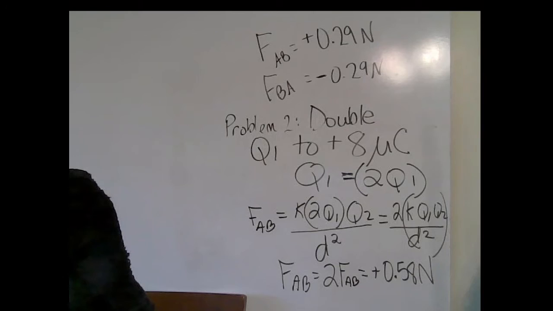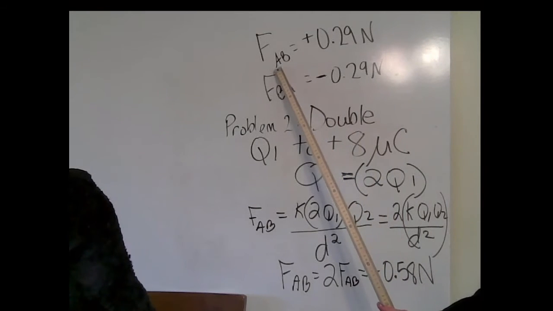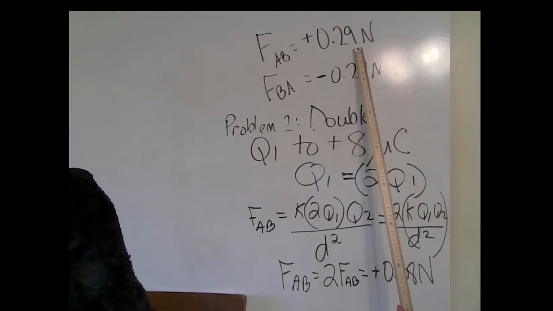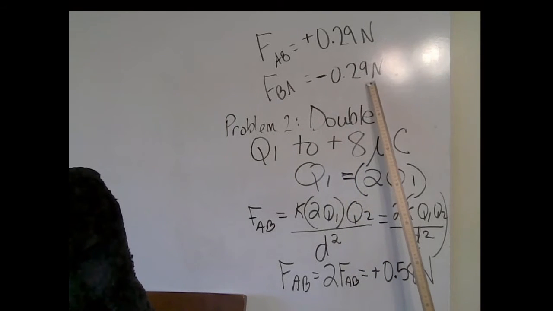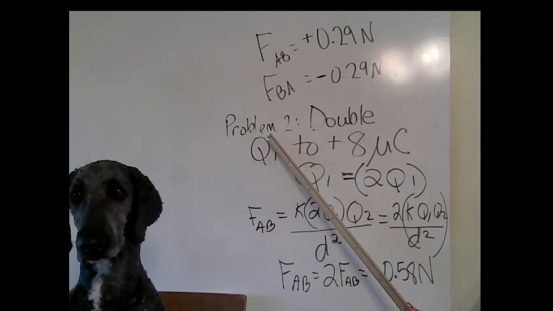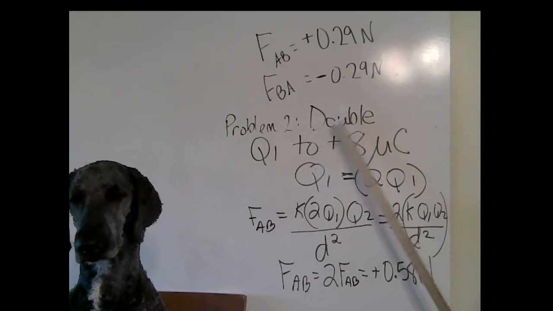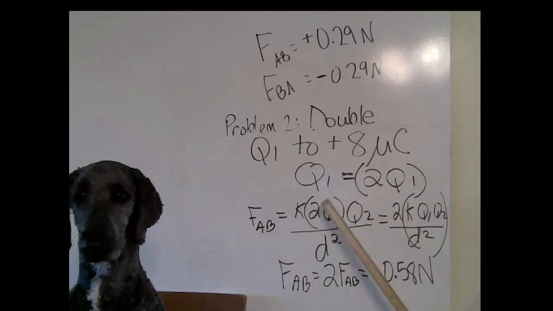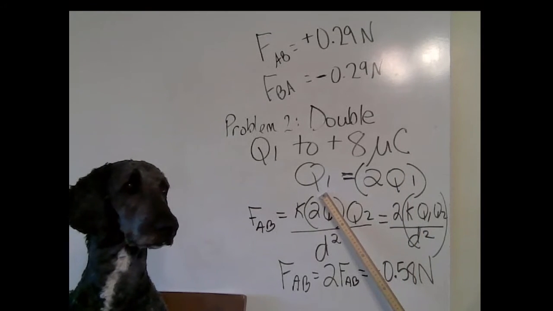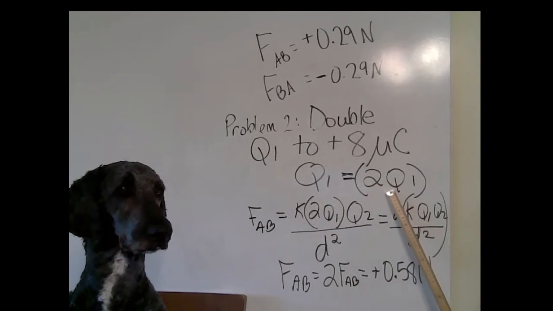In the problem before, we found that the force from particle A on B is positive 0.29 newtons, and the force from B on A is equal to negative 0.29. So in this new problem that I want to look at, what I want to do is double charge 1 to now be 8 microcoulombs. So essentially what you've done is say that Q1 is now 2 times Q1.